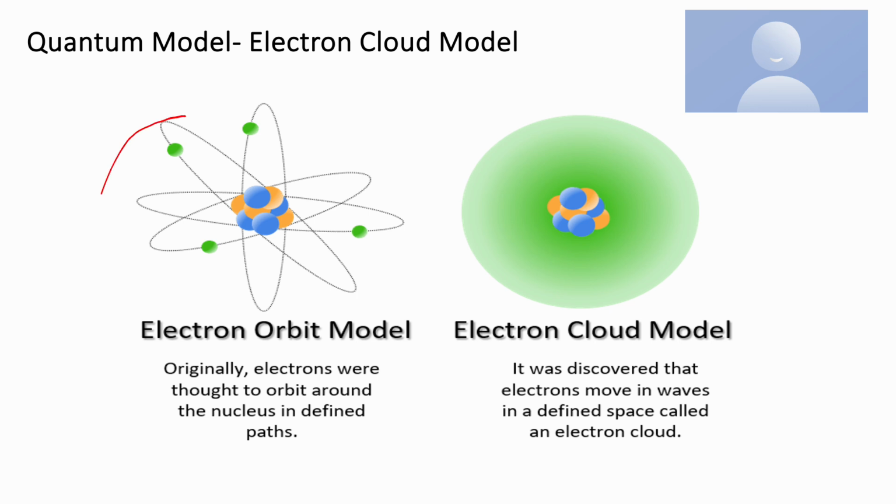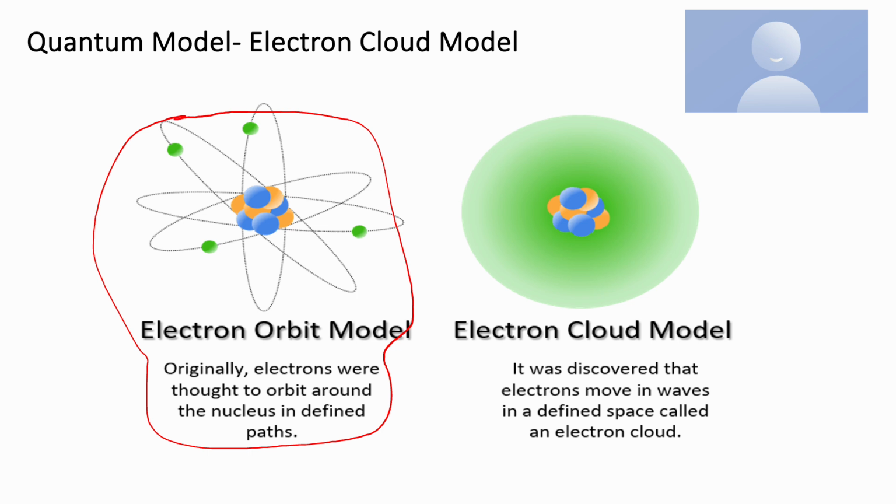So we're moving away from the electron orbit model, which is a 2D model where electrons move in circular or elliptical paths. In the electron cloud model, it's a 3D model, and electrons move in some crazy shapes.